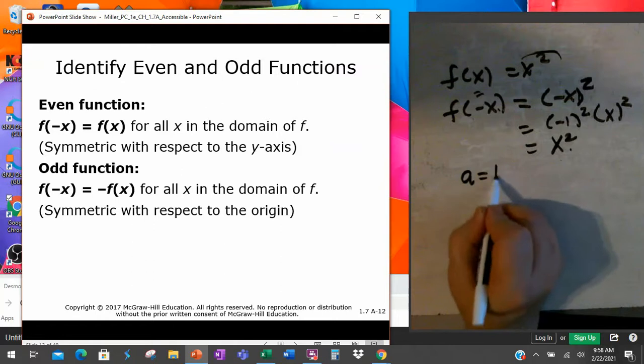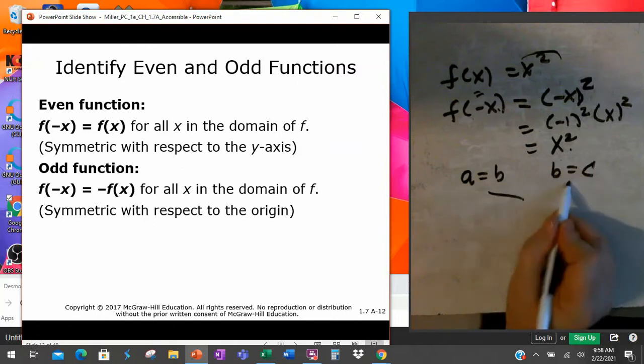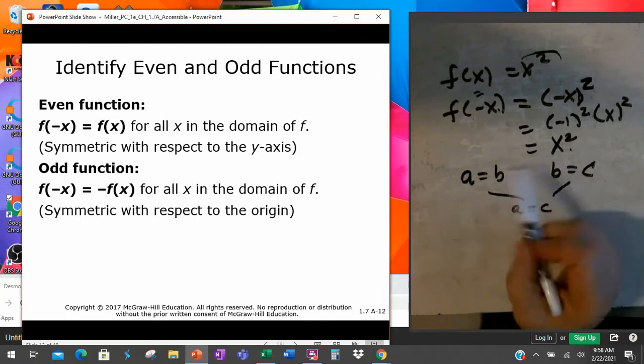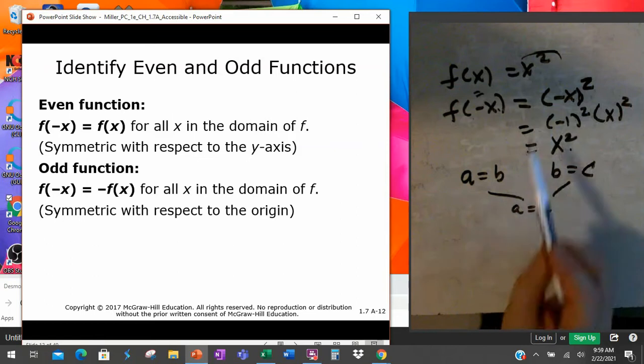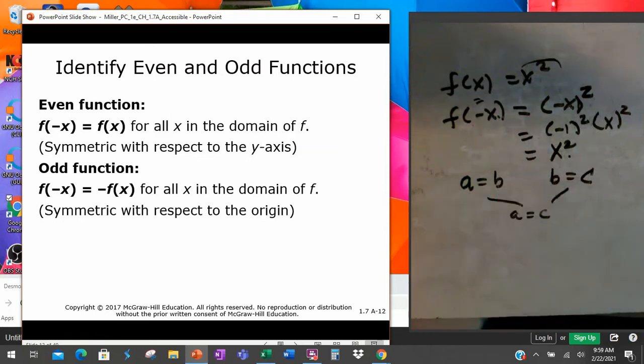If A is equal to B, and B is equal to C, what can we say about A and C? A is equal to C. That's kind of what this is. This is equal to B, and B is equal to this, so these two must be equal.